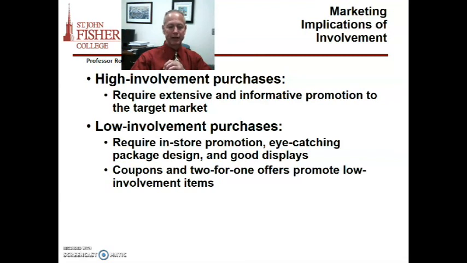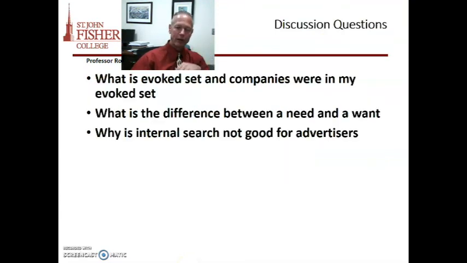Oftentimes they're in display racks close to checkout counters or when you first walk in. The display racks and the labels are very eye-catching. And you have a lot of what I call sales promotions: 2 for 1, couponing, buy one get one free, or a BOGO, those types of things. Those are all your marketing implications for low and high involvement purchases.